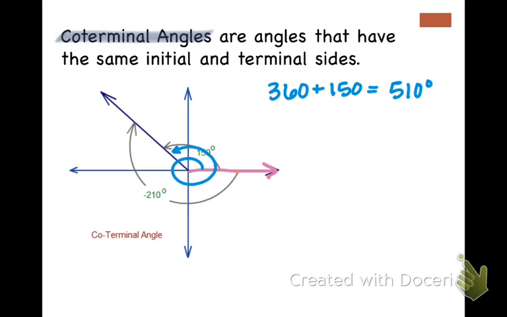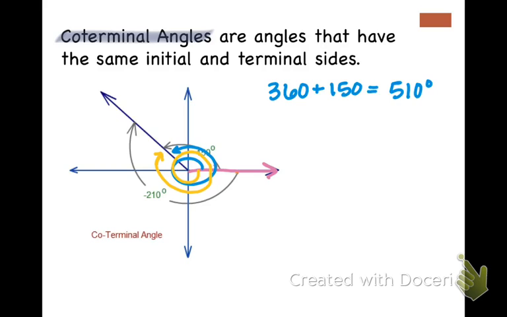So that is another coterminal angle. And I could have done this again if we went in the negative direction. If we did a full revolution in the negative direction and then went that extra negative 210 degrees, I would have done negative 360 plus negative 210. That would have gotten me another coterminal angle.